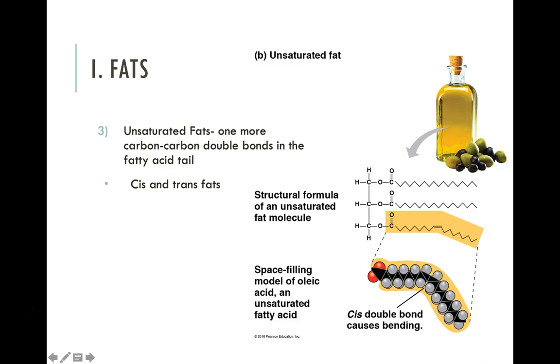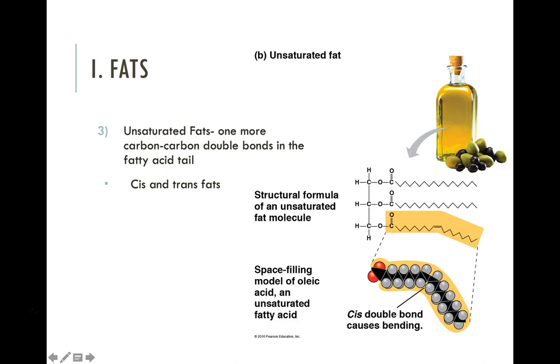Trans fats don't occur naturally, and trans fats are an artifact of processing saturated fats into unsaturated fats, and that's to change the temperature that they're solid. And so during the processing of saturated fats, in an attempt to make these cis fats, a byproduct is also the production of some trans fats.